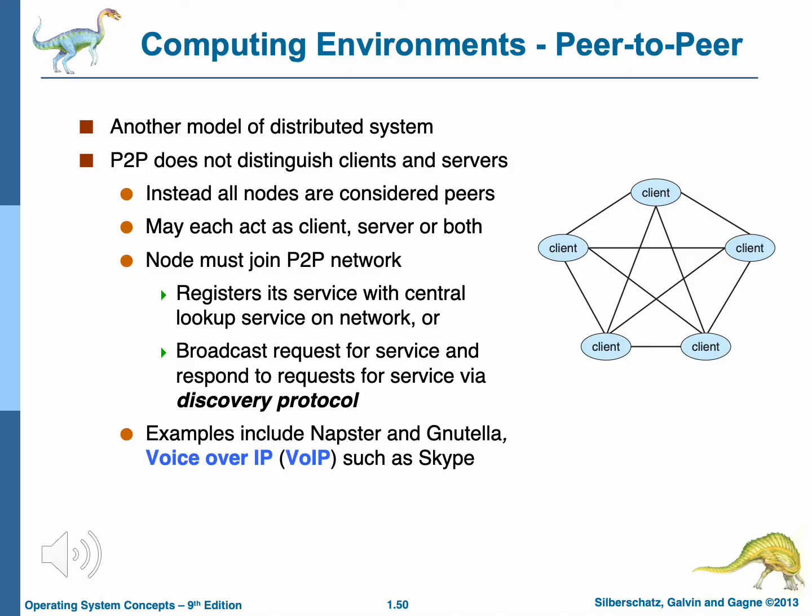The Gnutella system used a technique similar to the second type. A client broadcast file requests to all the other nodes in the system, and nodes that could service the request responded directly to the client.